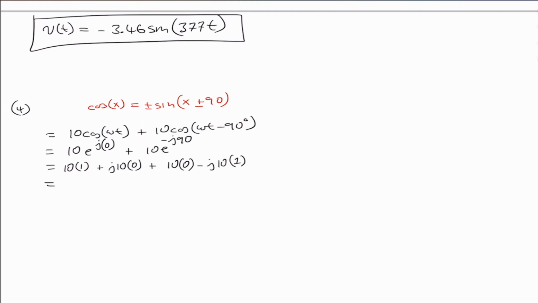So all that simplifies down to 10 minus j times 10.